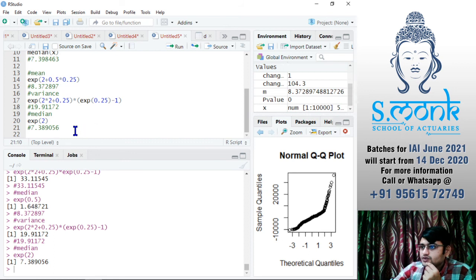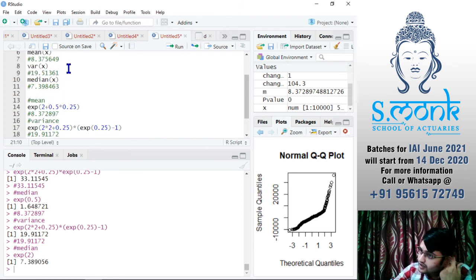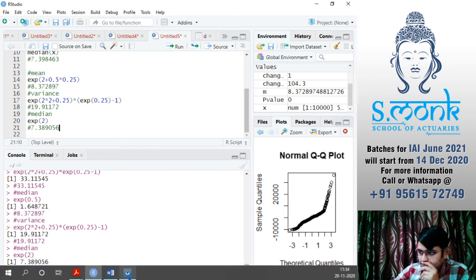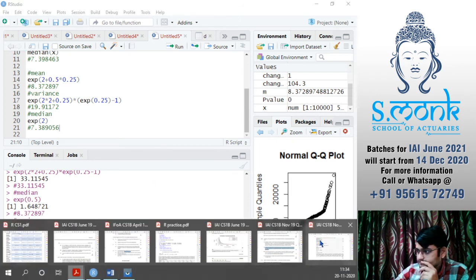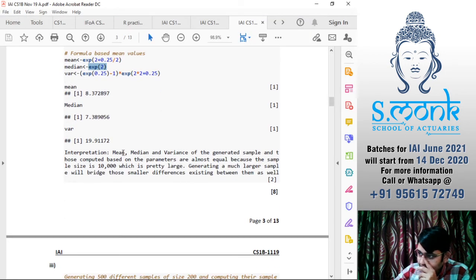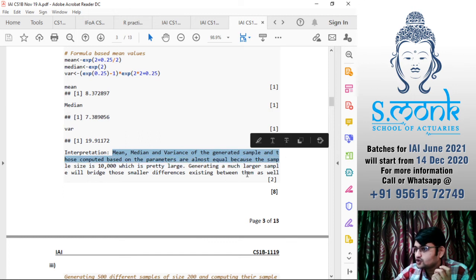Okay, so then you would say that they are almost the same values, so definitely the sample represents the log normal distribution. So interpretation: the mean, median and variance of the generated sample and those computed based on the parameters are almost equal because the sample size is 10,000, which is pretty large.